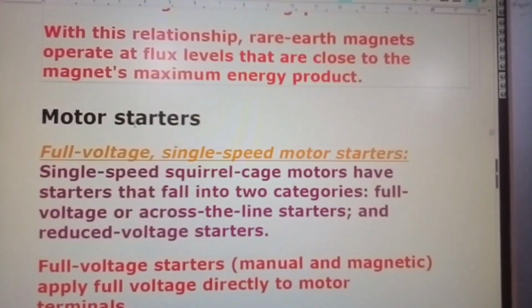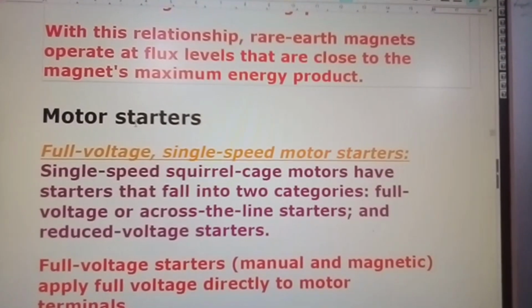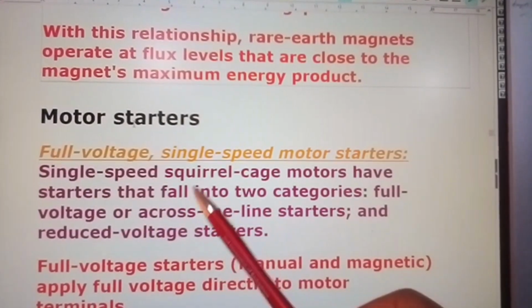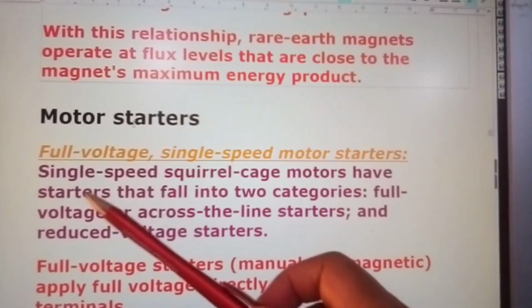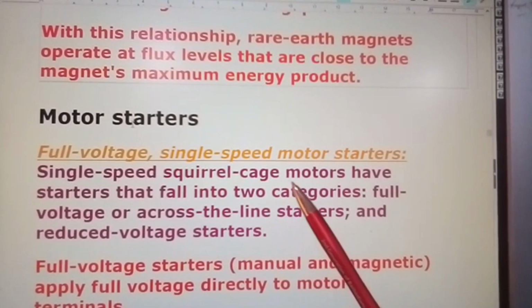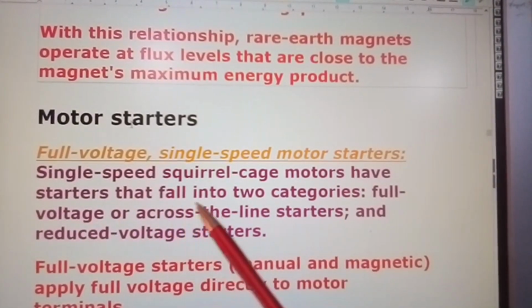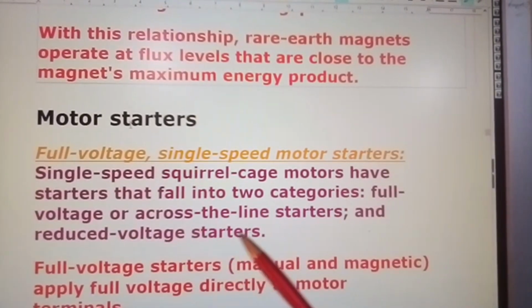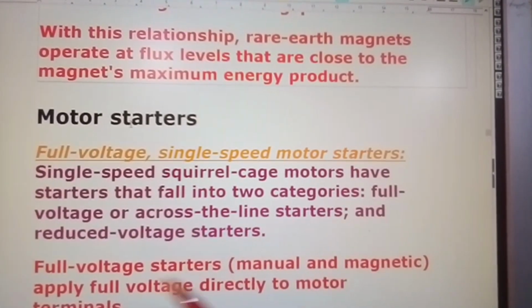Alright, and then we come to motor starters. Now, full voltage, single speed motor starters. Single speed squirrel cage motors have starters that fall into two categories: full voltage or across the line starters and reduced voltage starters.